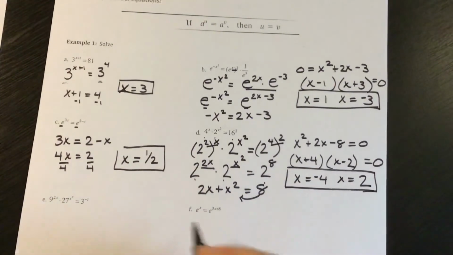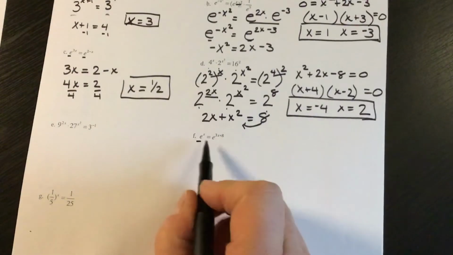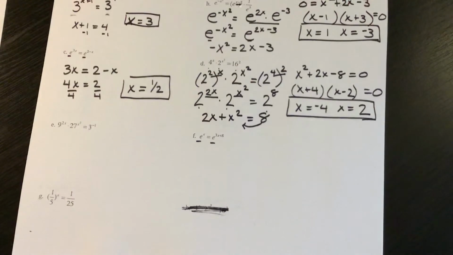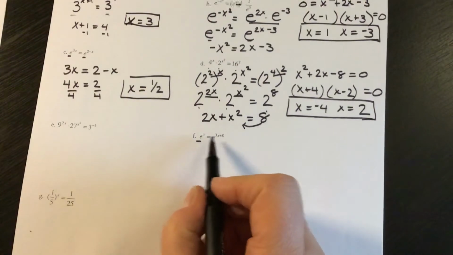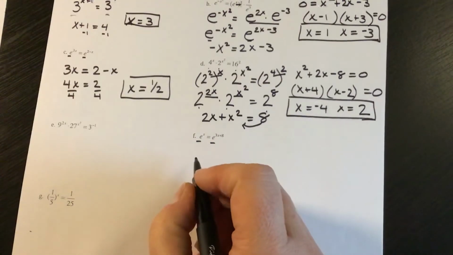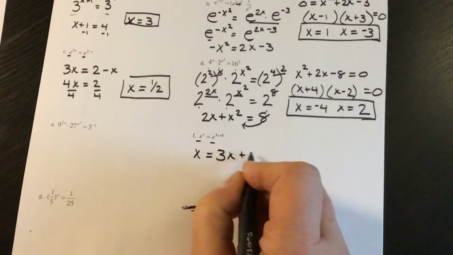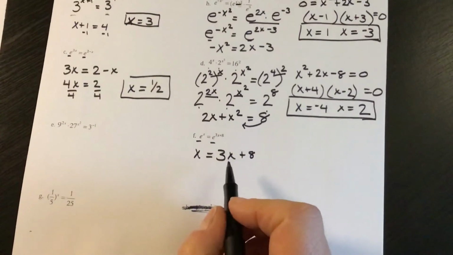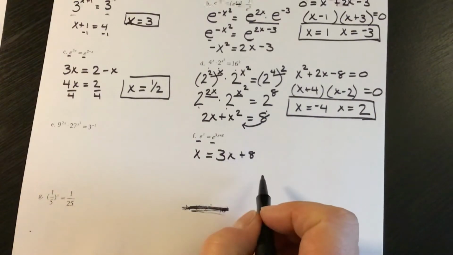All right, let's go ahead and do F. Again, I have e's as my base, so I'm going to set my exponents equal to each other. So this would be x equals 3x plus 8. And I'm going to solve for x here.